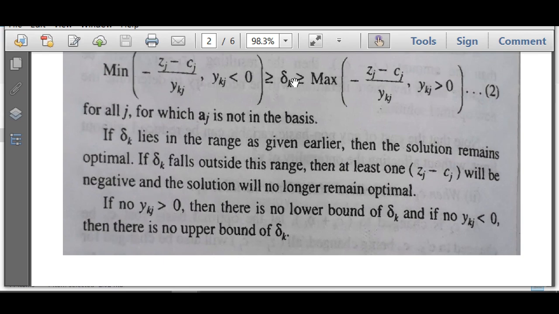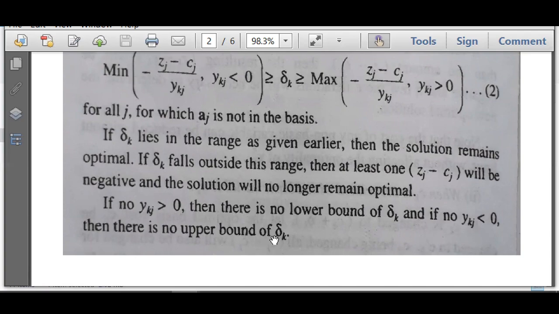In that case, del k greater than or equal to this part becomes invalid, so the lower bound is not obtained. Similarly, if no ykj is less than 0, then the minimum of this will not be valid. So obviously del k's upper bound gets lost. There is no upper bound of del k in that case.